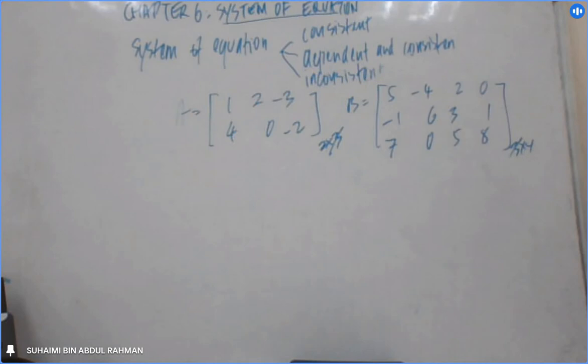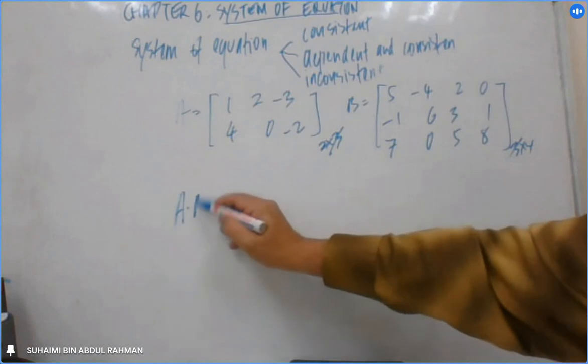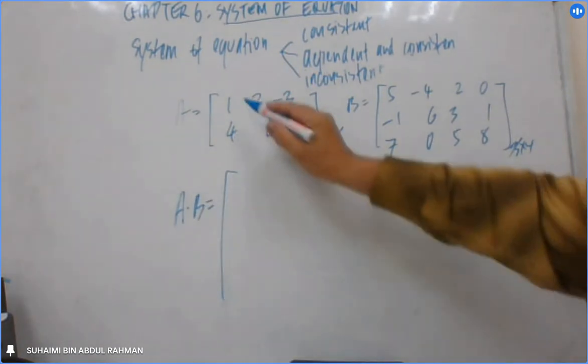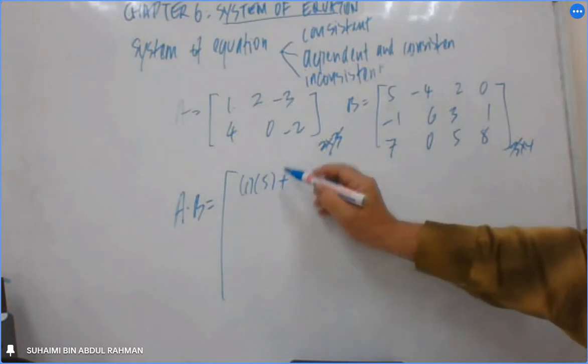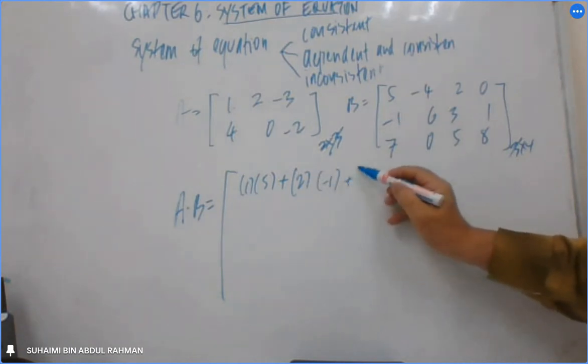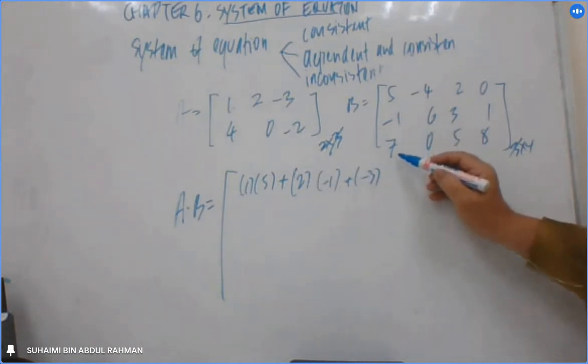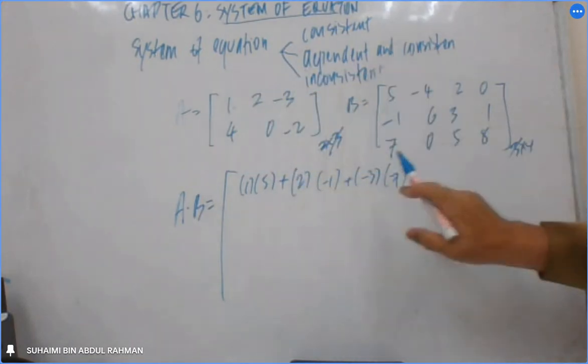How to multiply these two matrices? We multiply row by column. A multiplied by B. 1 multiplied by 5, plus 2 multiplied by minus 1, plus minus 3 multiplied by 7. Rows, column.